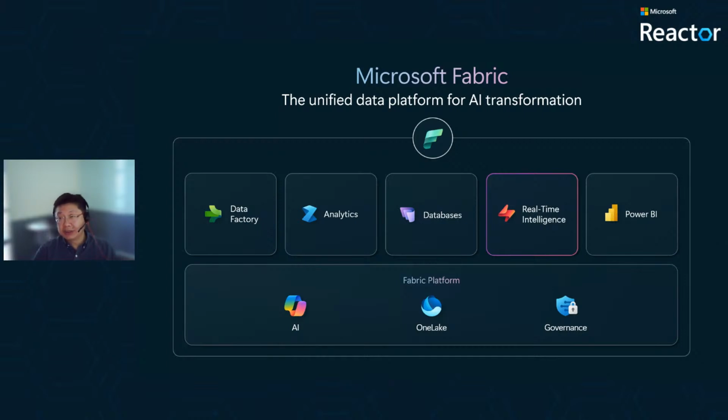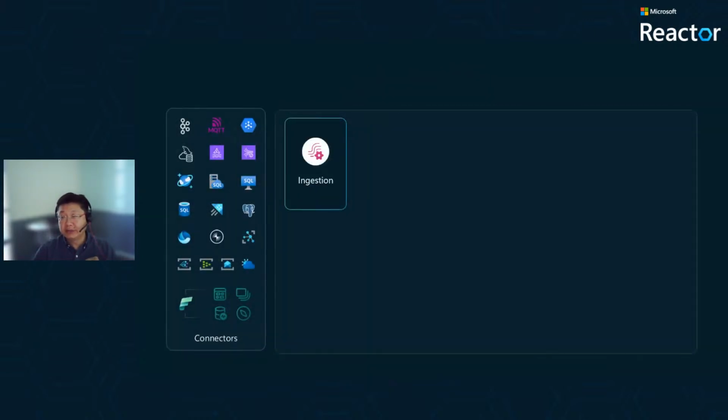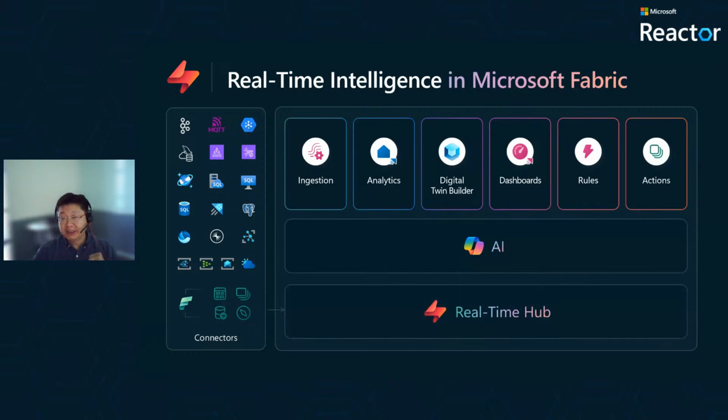Then let's take a closer look at the details of this workload. Inside Real-Time Intelligence, the first part is real-time data ingestion, which is what Eventstream does. Eventstream provides out-of-box connectors to help you connect various real-time sources like AWS Kinesis, MQTT brokers you have, or database CDC like MySQL DB CDC.